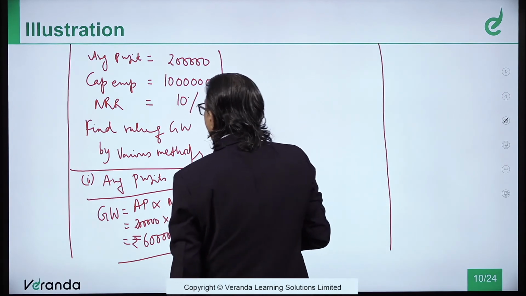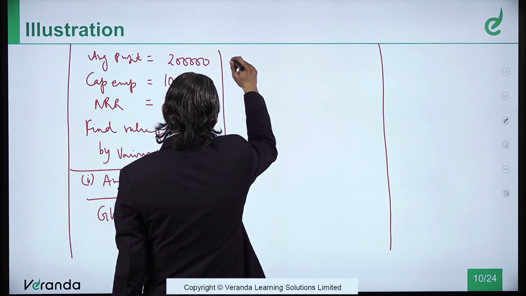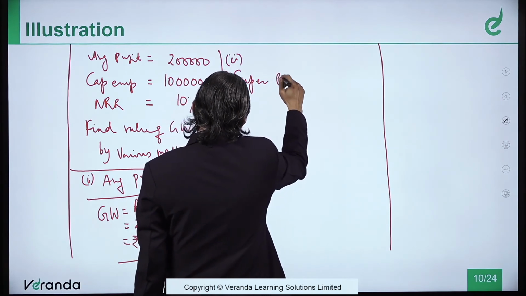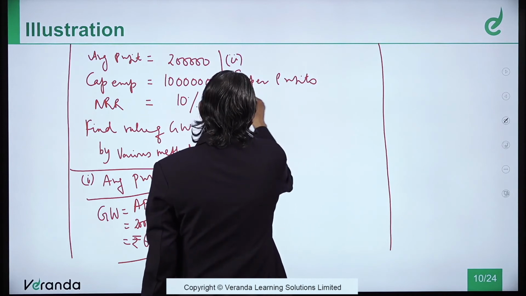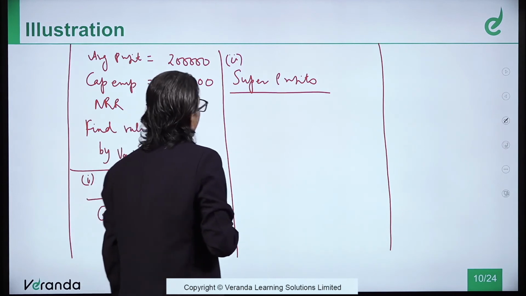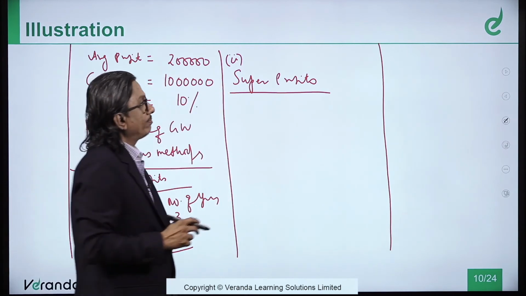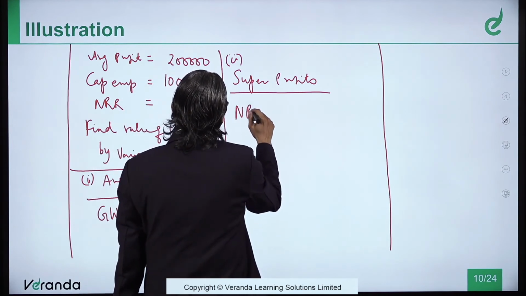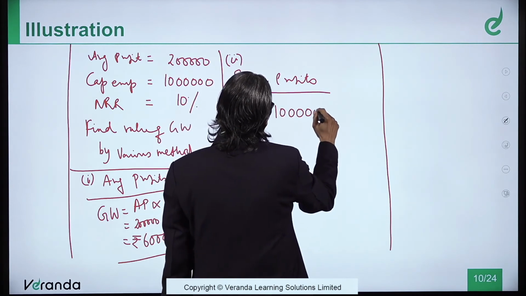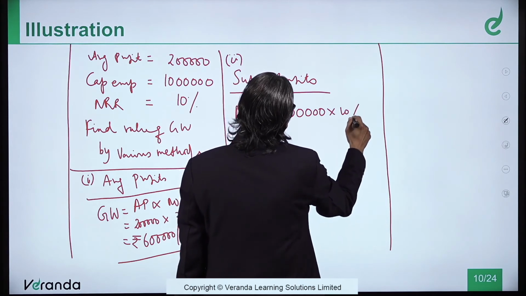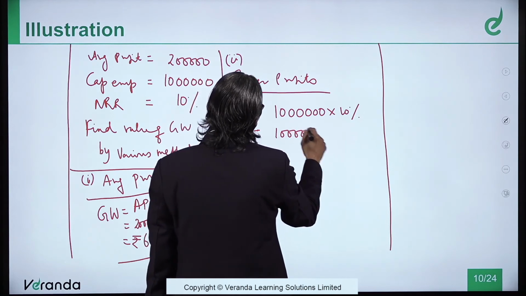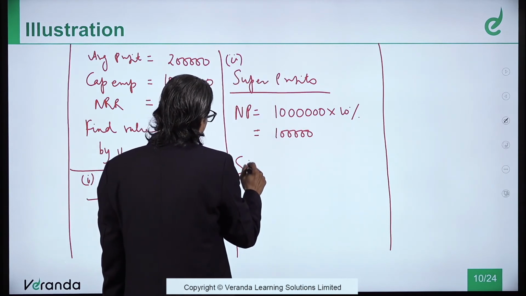Let us try to find the value of goodwill by super profit method for this problem. So already we have average profit of 2 lakhs. We have to find the normal profit. Normal profit is equal to capital employed, that is 10 lakh into 10%, that is 1 lakh. So what is super profit?